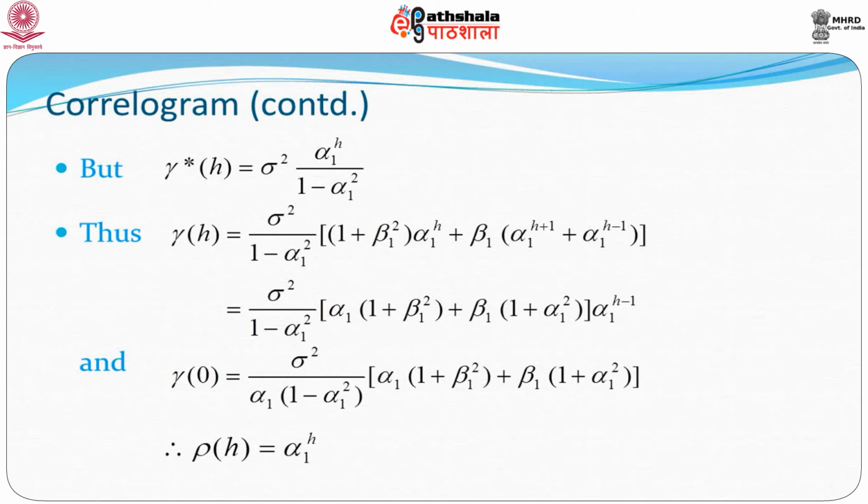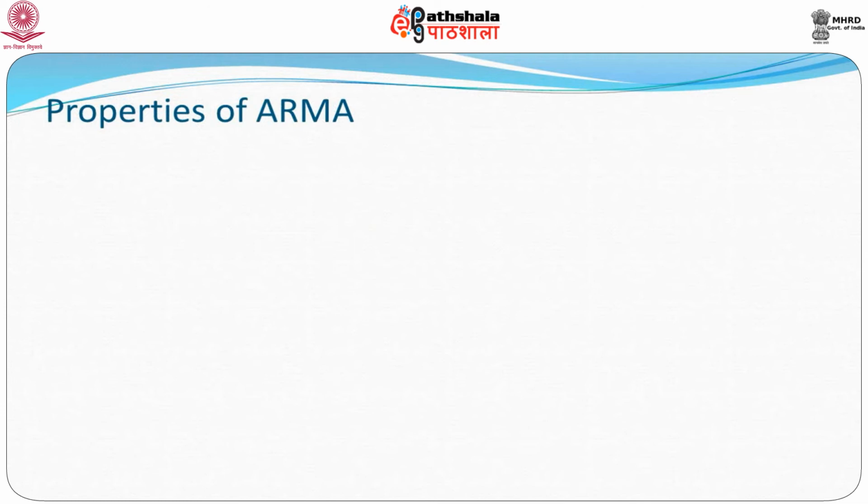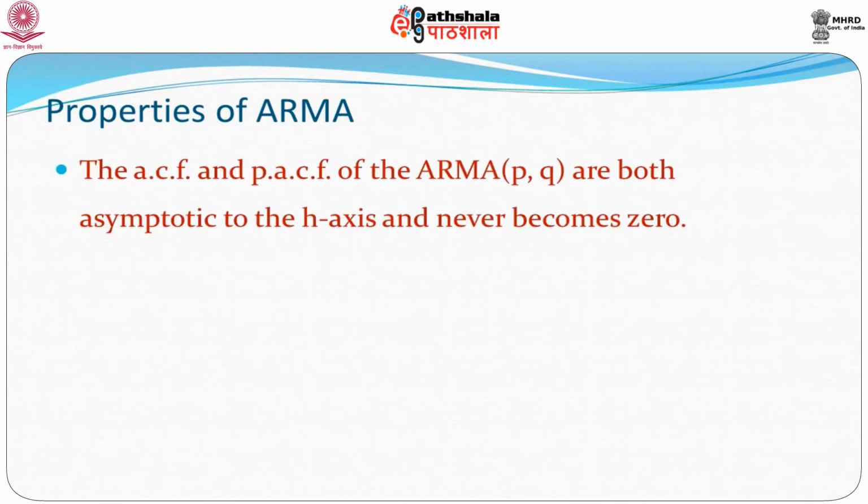So, what happens is that as h becomes large, this alpha 1 being less than 1, remember that for the process to be stationary we need the AR component to be less than 1, the term goes to 0, but exactly does not coincide with it.